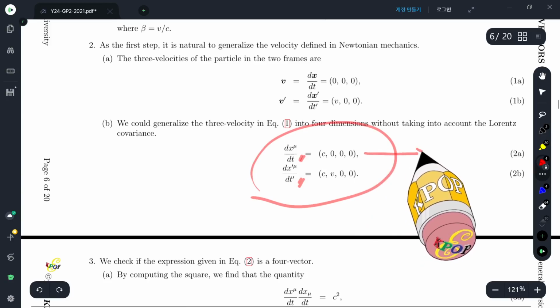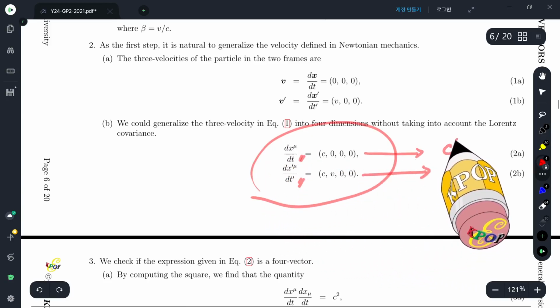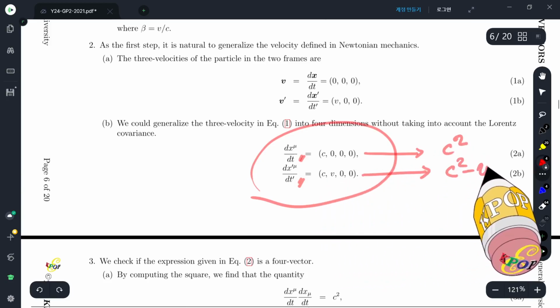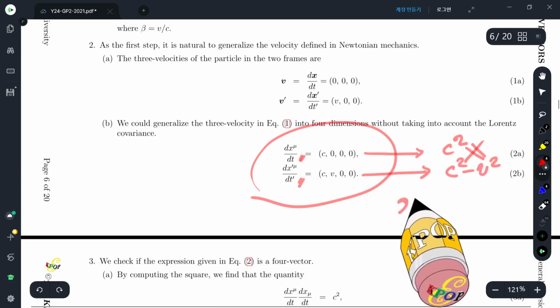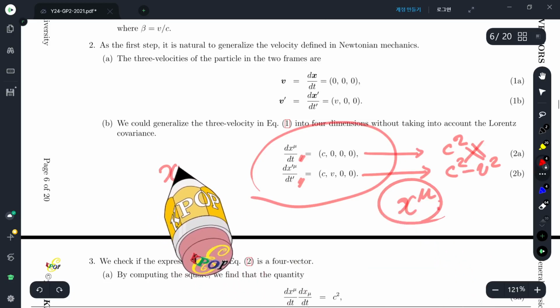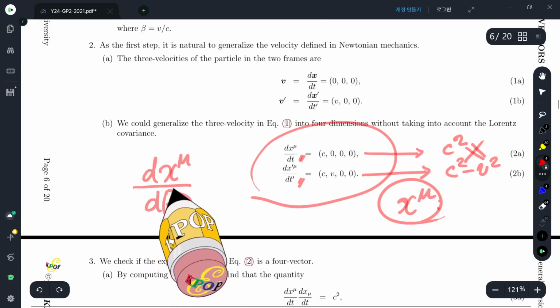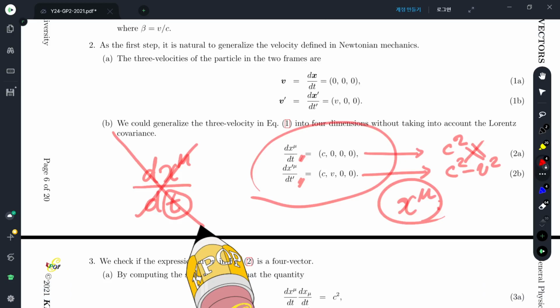You can square this; this one is c squared. You can square this; this is c squared minus v squared. They are different. So x mu is a four vector, but the derivative of x mu with respect to time is not a four vector. It is useless.